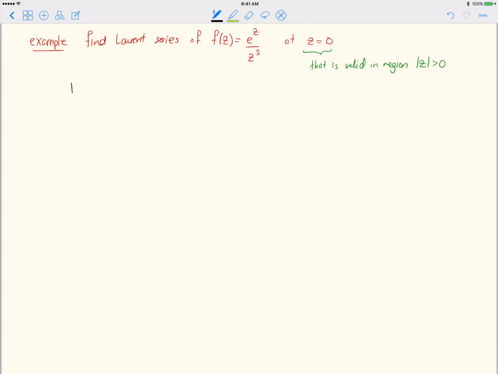Well, we know from our Taylor series that e to the z can be written as the sum from n equals 0 to infinity of z to the n on n factorial. And here, because I'm considering the case when the modulus of z is greater than 0, or in other words, since z is not equal to 0, I can divide through by z cubed.